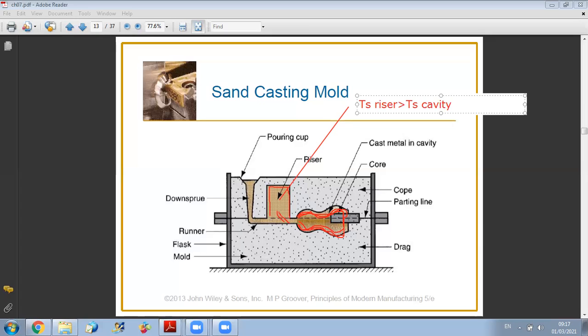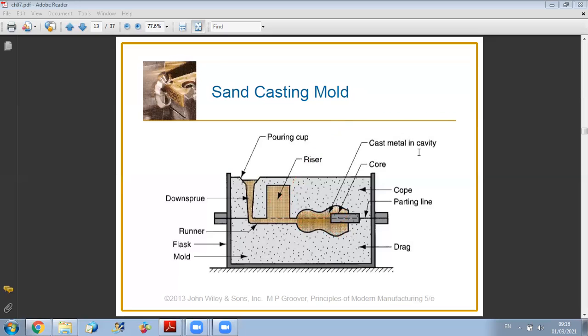This is why, when we design our system, we study V over A for the cavity and V over A for the riser, and V over A for the riser should be higher than V over A for the cavity, since C_m is the same for both, because we are dealing with the same casting metal, the same pouring temperature, the same mold. So, in order to have T solidification riser larger than T solidification cavity, the condition is to have V over A for the riser higher than the volume to surface area ratio for the cavity.